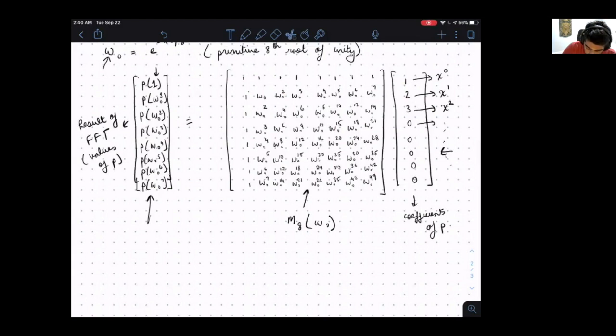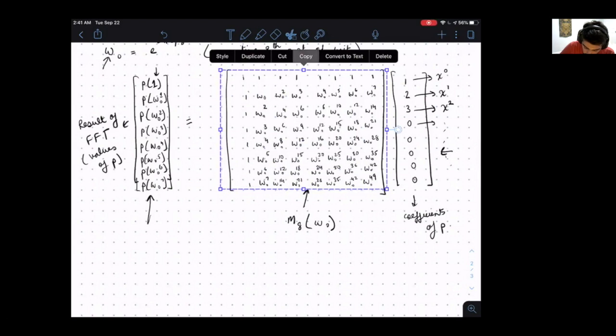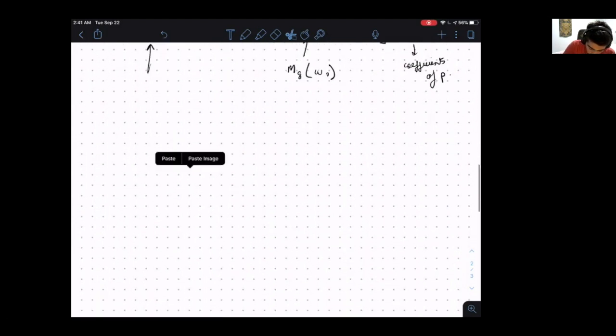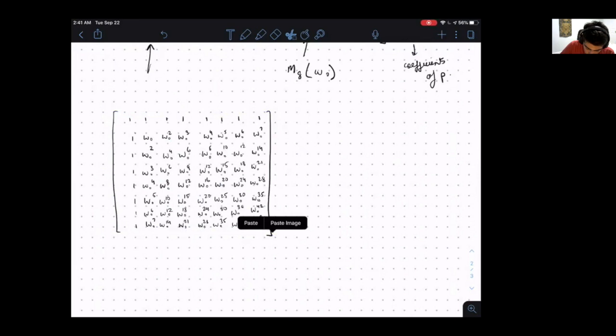So I'm going to copy this, put it down here, and I'm going to add this over here. So these are rows of this matrix, 0 indexed, 0 through 7, and this is column k: 0, 1, 2, 3, 4, 5, 6, 7.